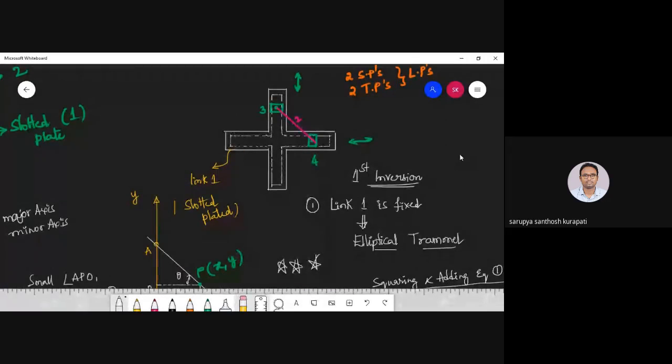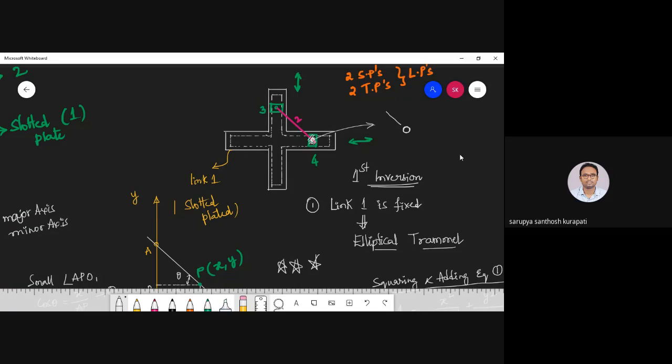Now just tell me, if I fix this particular link 4, what happens? What I'm going to do is use this motor. There is a turning pair here, right? So I'm going to use a motor for this pair.